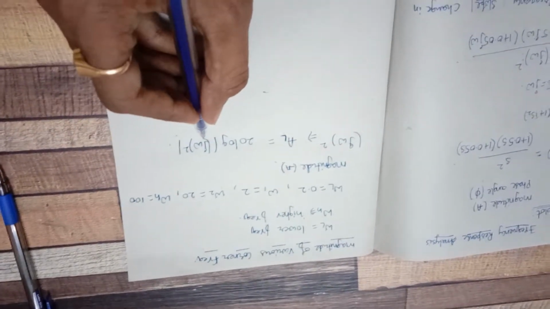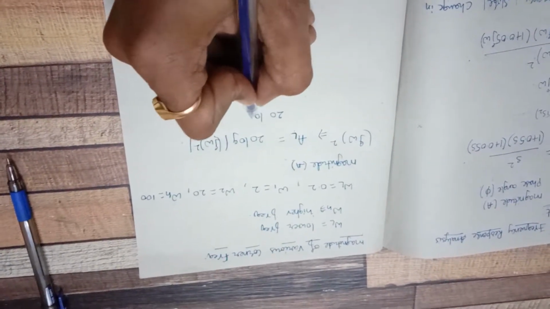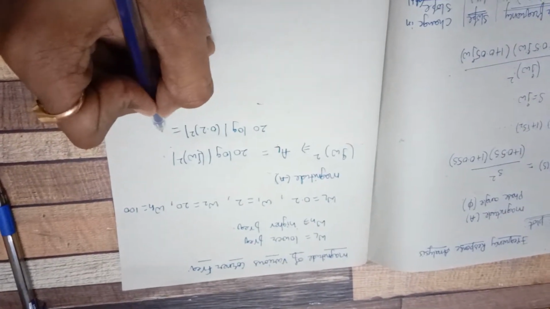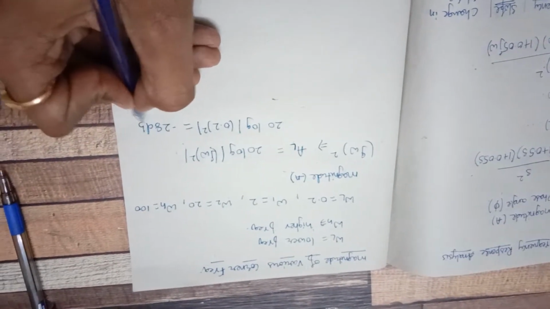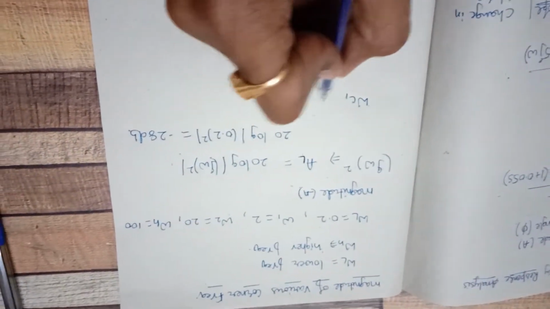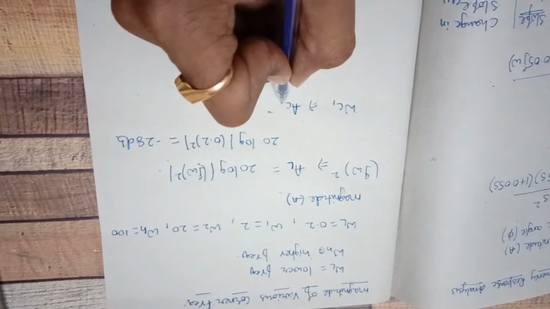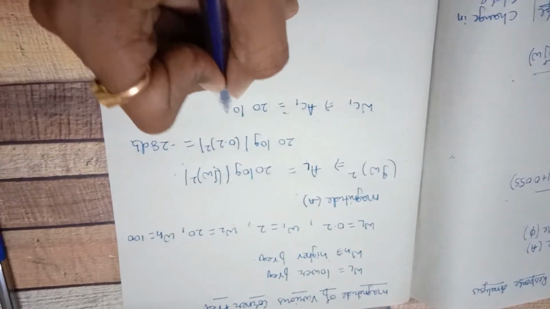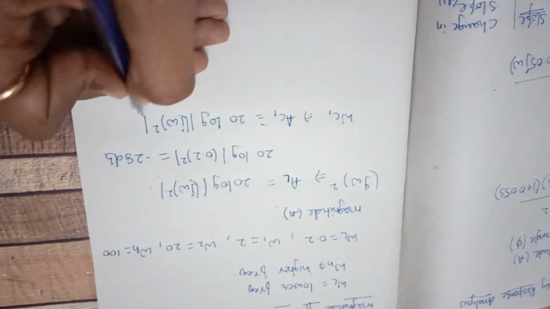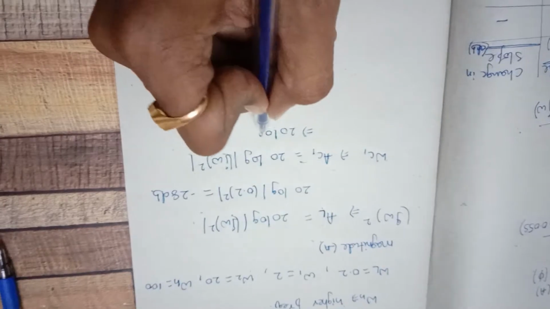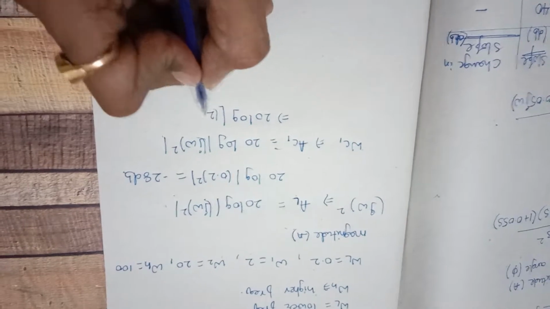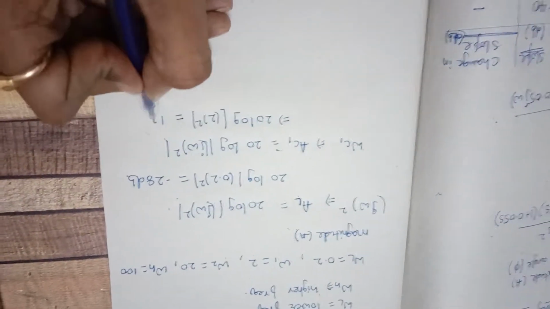Substitute the value in this, 20 log mod of 0.2 whole square, you calculate, so you get minus 28 dB. In a similar way, next one, omega c1, I'm calculating, magnitude can be taken as AC1, formula 20 log modulus of (j omega) whole square, so it is 20 log, the value here is 2, so in place of this substitute 2 whole square and you are going to get 12 dB.